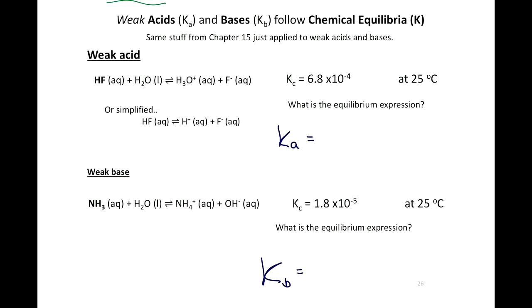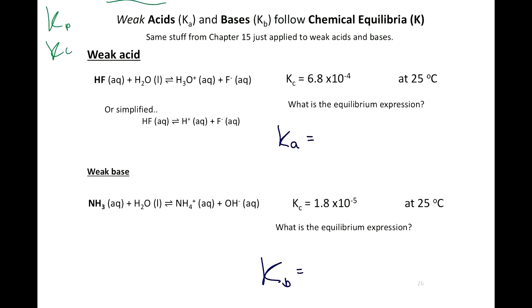So we're going to talk about two new K expressions, Ka and Kb, but let's just go through all the Ks. Kp, what does P stand for? Pressure. That's most important for gases. Perfect. Kc stands for concentration. So things that are aqueous and gases. Gases can have concentrations too, but everything in that K expression needs to be in concentration.